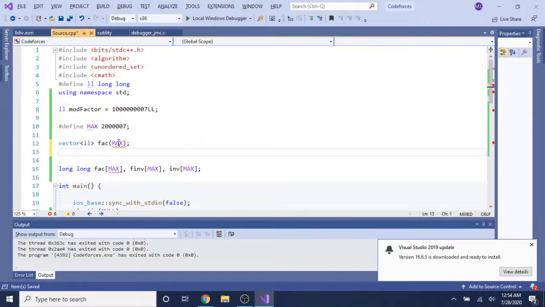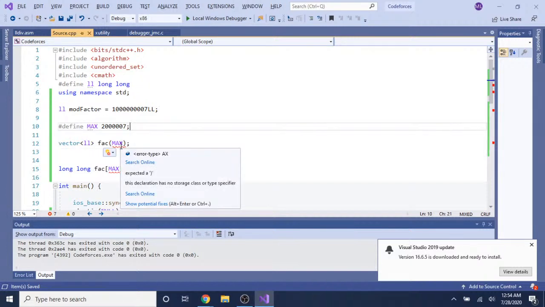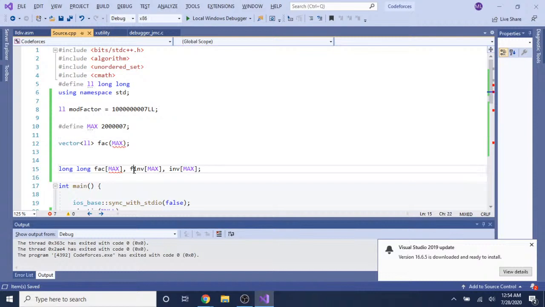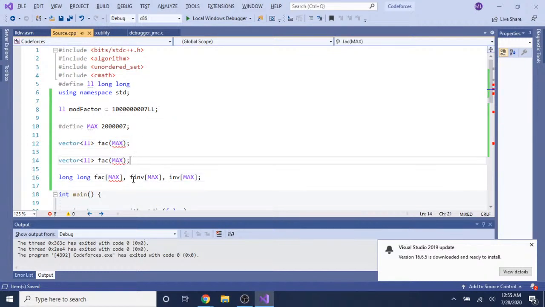Why can't you do this? What? It's right here. My gosh. That doesn't make any sense. It's literally right there. Okay, let's create this called factorial inverse. And let's create inverse.